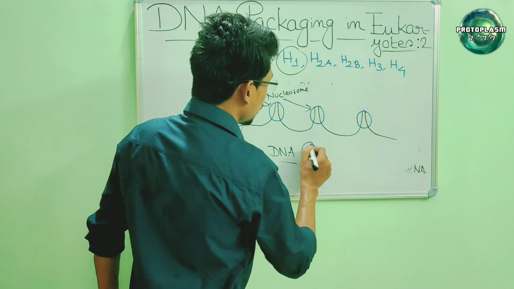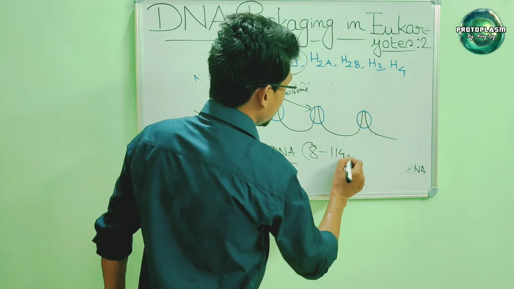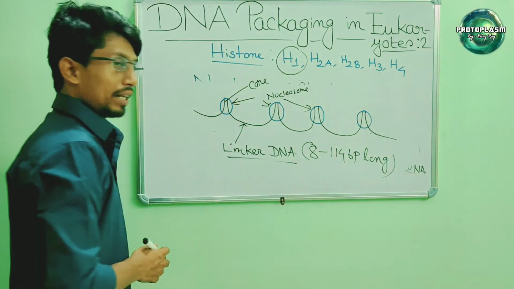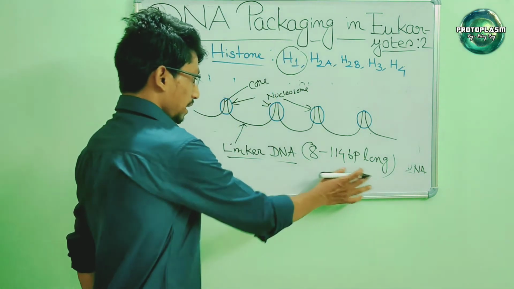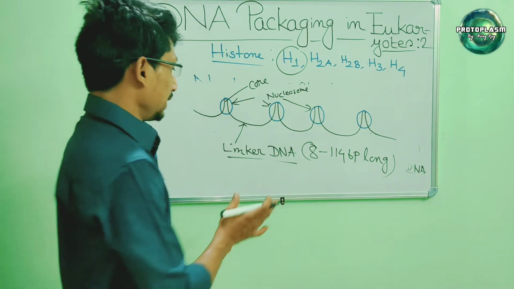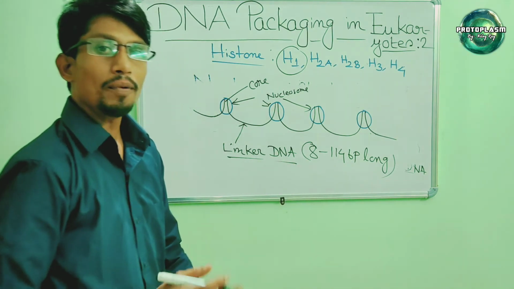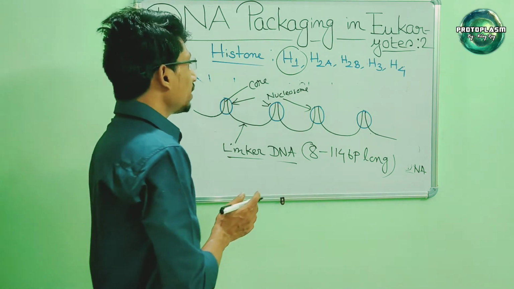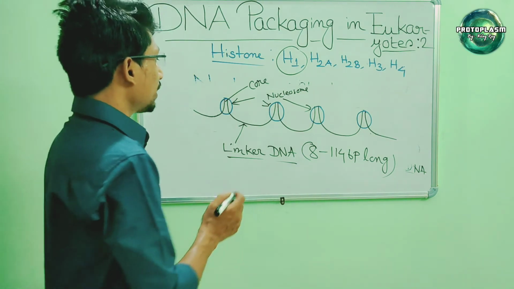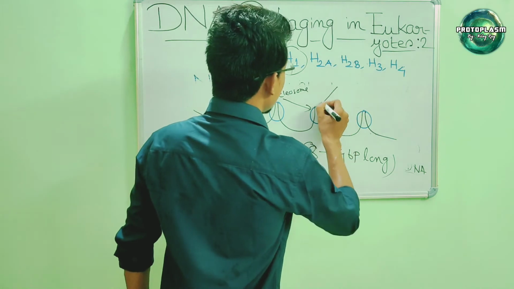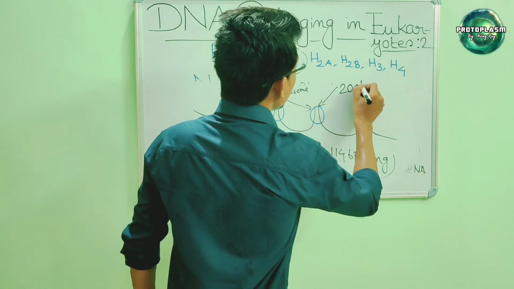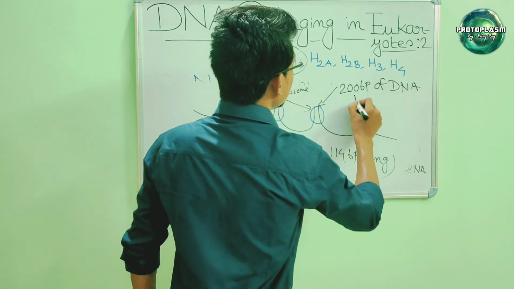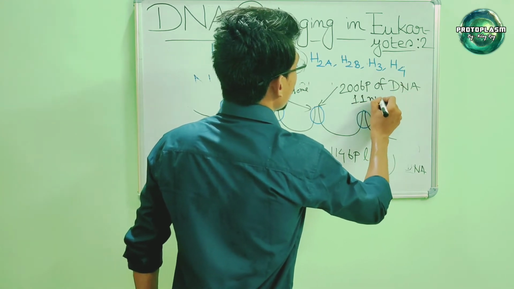This is around 88 to 114 base pair long. The linker DNA molecule is 88 to 114 base pair long, and this length varies on the basis of different species. So basically the nucleosome contains around 200 base pair of DNA and it is 11 nanometer long.